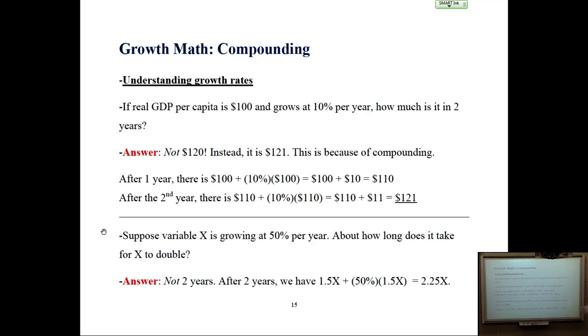But that neglects compounding. So in the first year you have 1.5 times x. In the second year, you get 1.5 times the 1.5 times x. 50% growth on top of the previous 50% growth. So in 2 years, you get 2.25 times x.